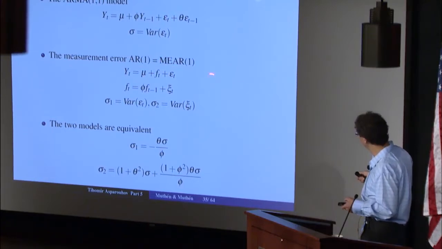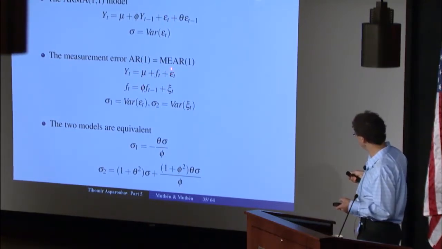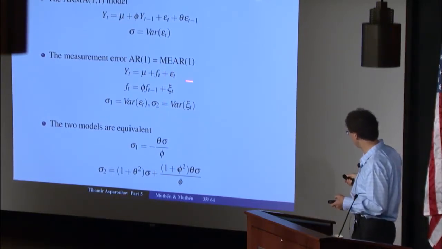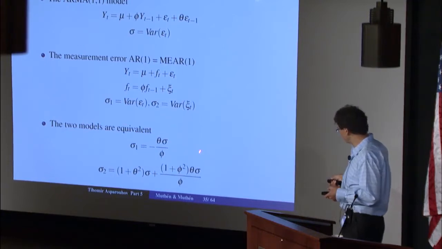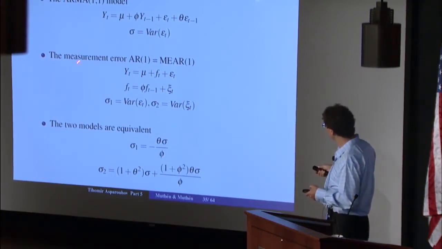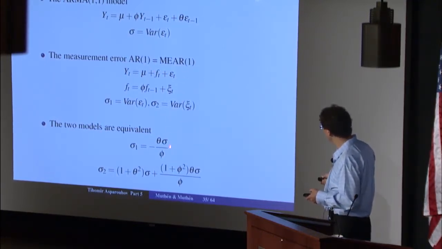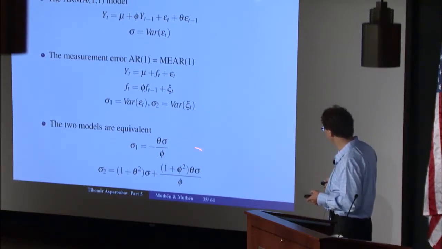The measurement error model also has 4 parameters: mu and phi, and then the variance of the residual here and the variance of the residual here. So the two models are equivalent, and you can obtain the MEAR1 parameters from the ARMA 1.1 parameters using these 2 equations.